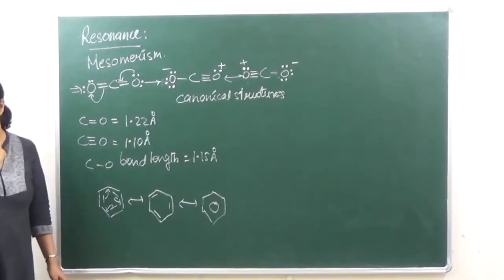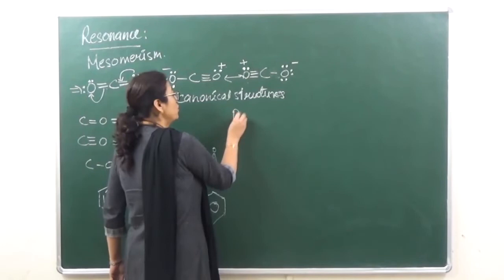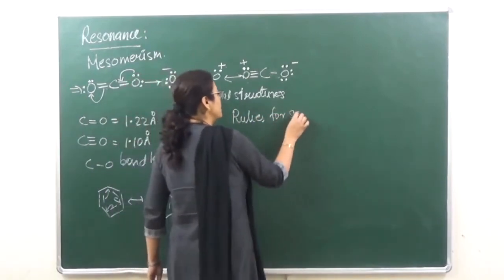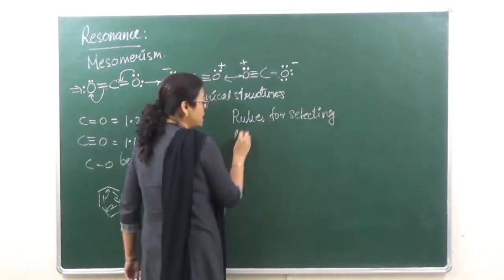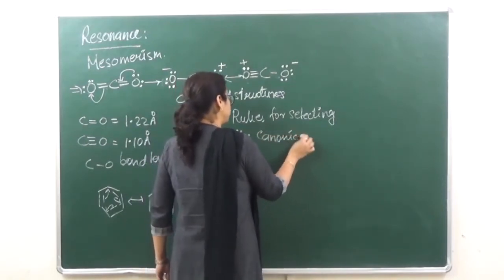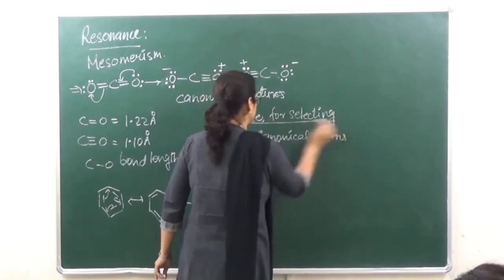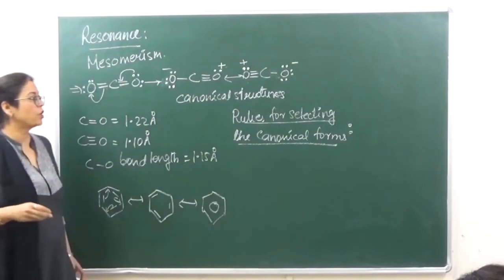Then what are the rules for selecting canonical forms? This is very important from your examination point of view. Rules for selecting the canonical forms.